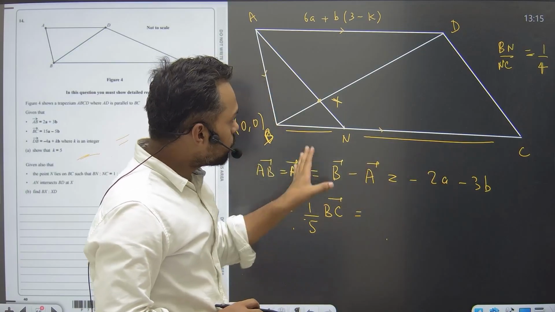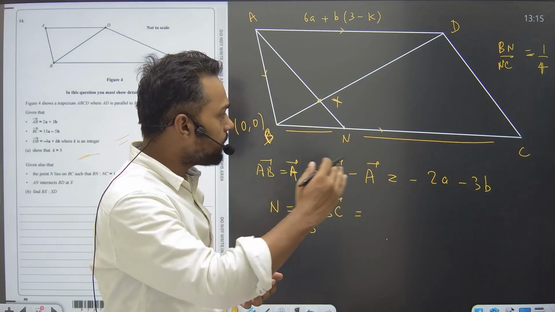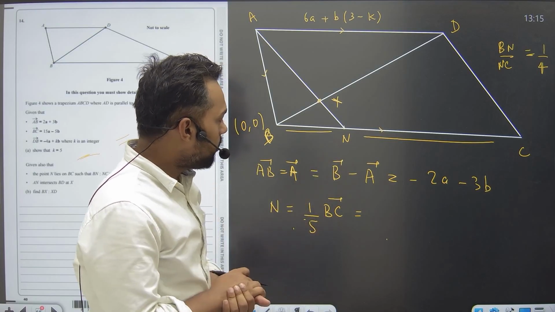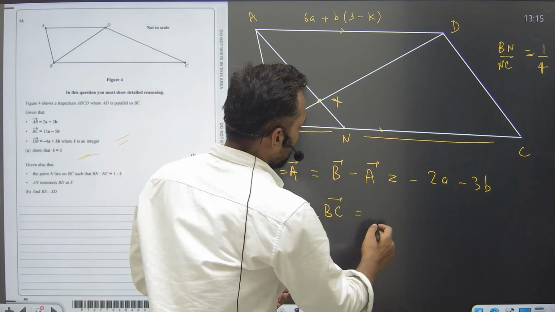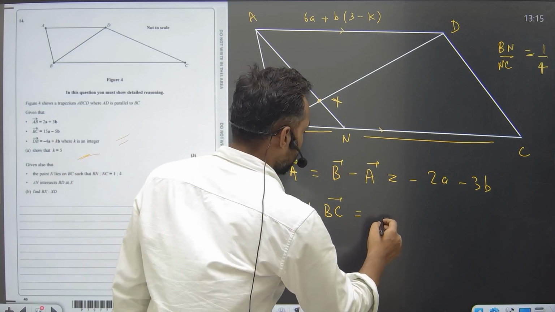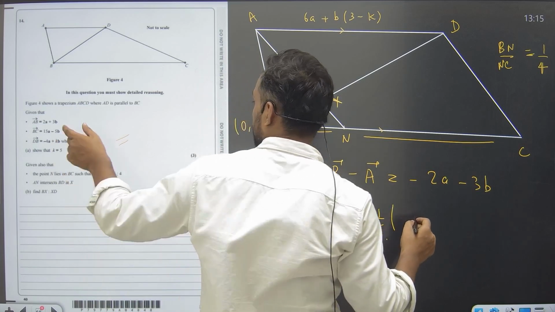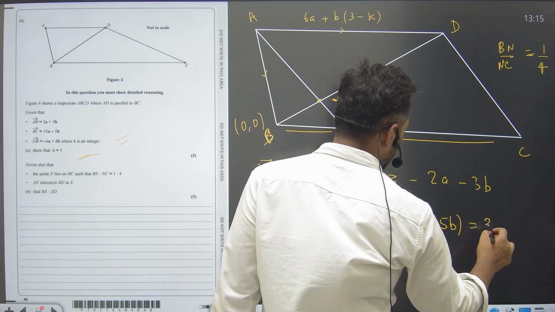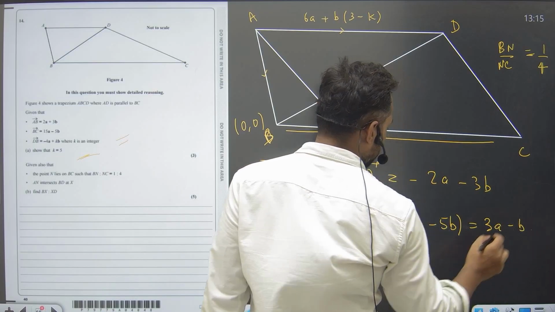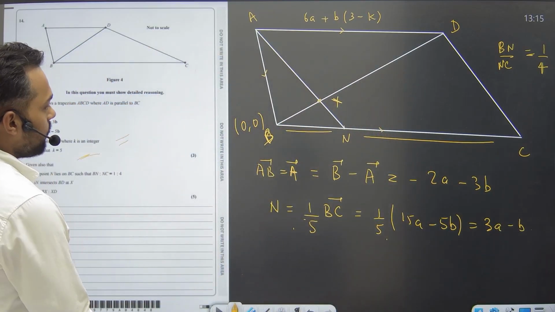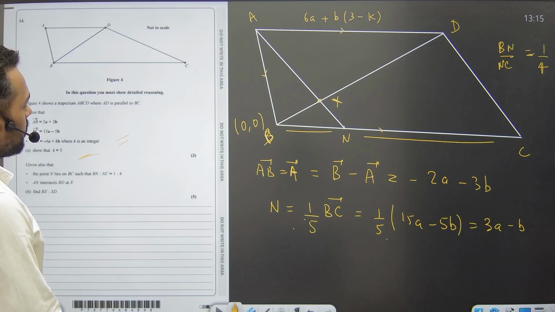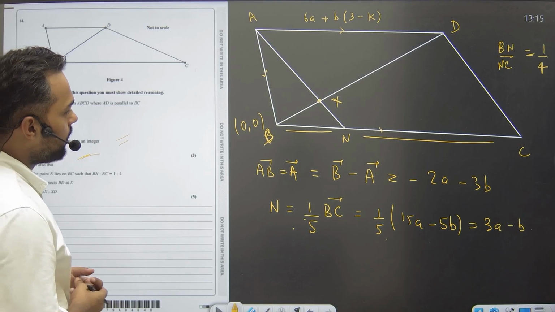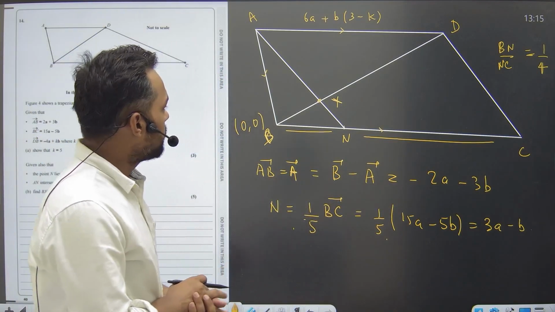So for BC in total, it will be BN plus NC, which is 5 times. So N will be 1/5 of BC, that is 1/5 times 15a minus 5b. So it will be 3a minus b.